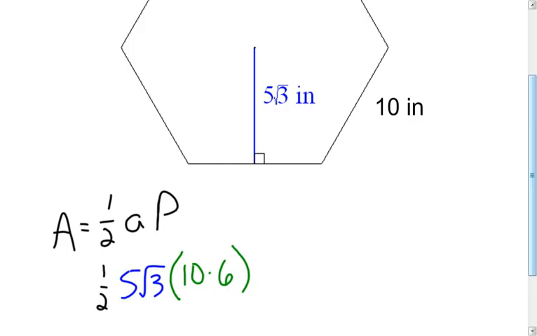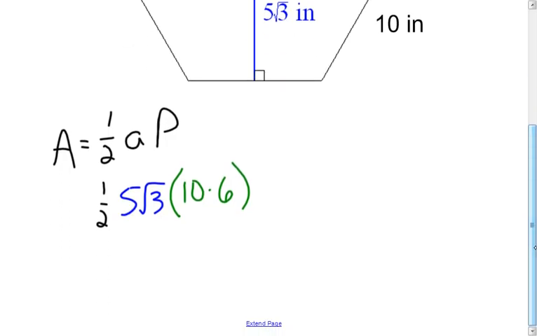Now this is something that I don't think I'm going to need a calculator for, because I can do a little bit of this in my head, or all of it. I'd have 10 times 6, that's 60, but 60 times 1/2 is 30, and then 30 times 5 would be 150, and times √3 would be 150√3. That is the area of my regular hexagon, and make sure that I put my label on there, which would be square inches.